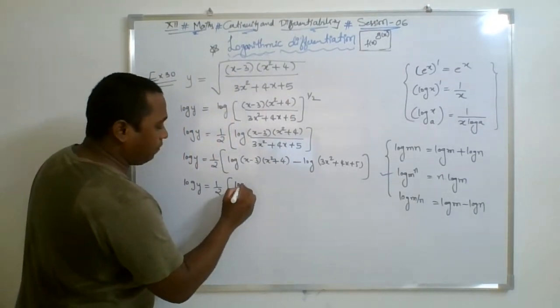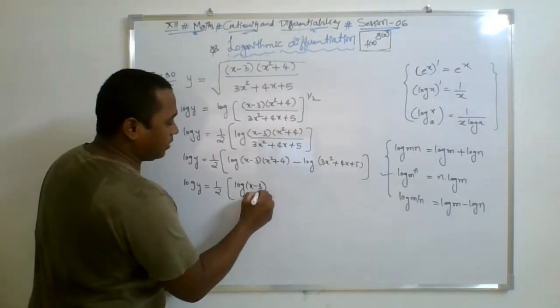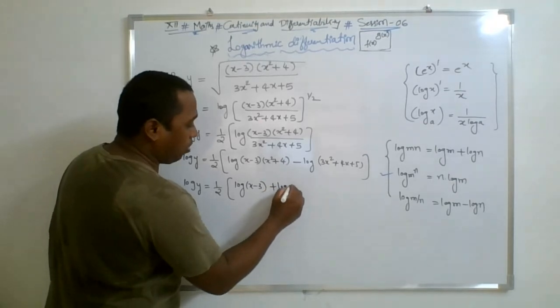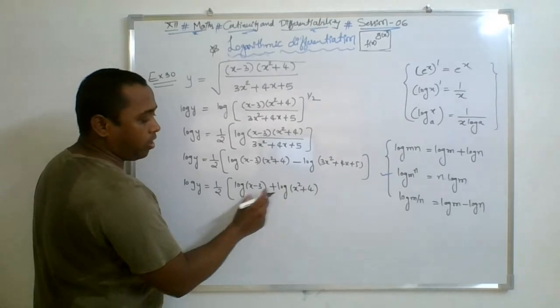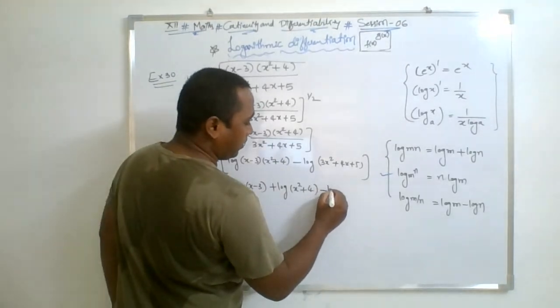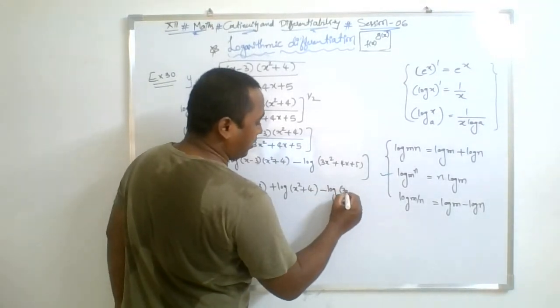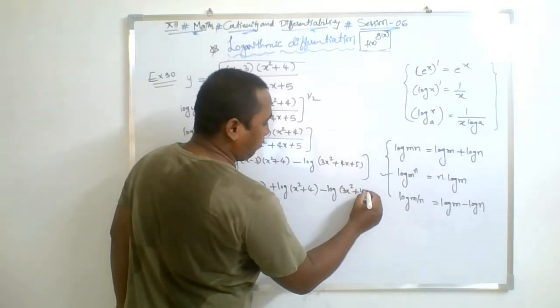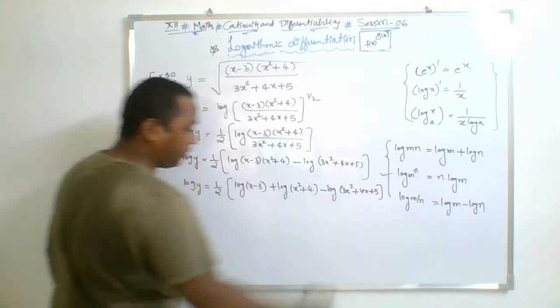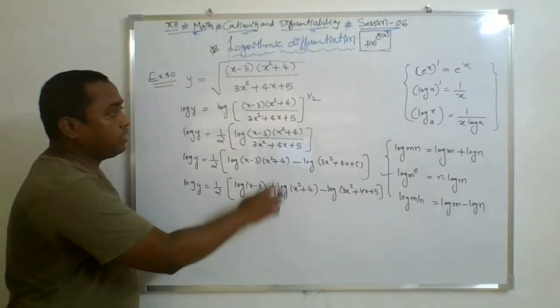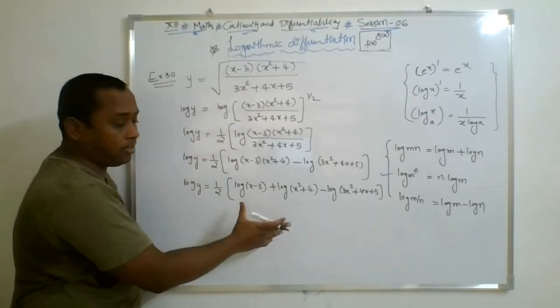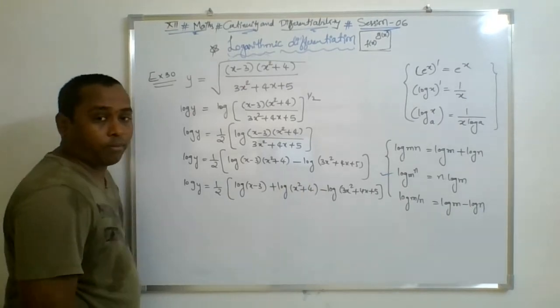So log of (x minus 3) plus log of (x square plus 4), log(m·n) is log m plus log n, the rest is the same. That is 3x square plus 4x plus 5. Now you have simplified the question in the simplest format.